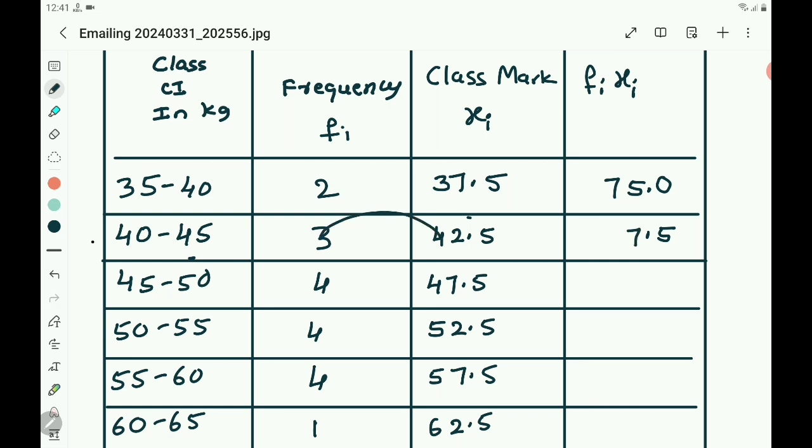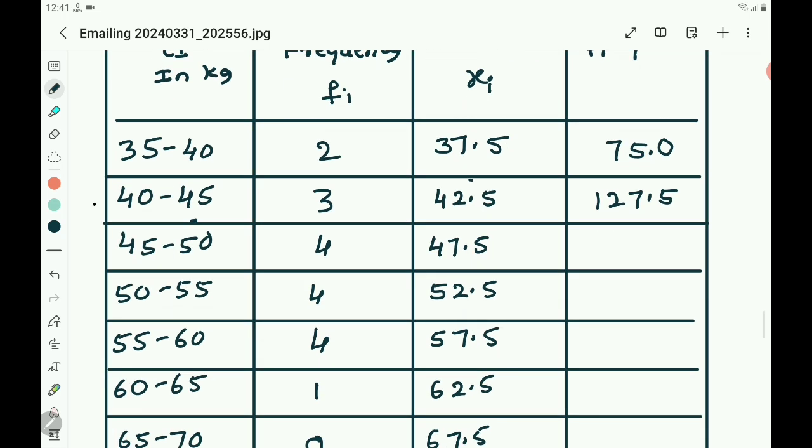Next 4 3s are 12. Then 47.5 into 4. 5 4s are 20. 2 carry. 7 4s are 28 plus 2, 30. Next 4 4s are 16 plus 3, 19.